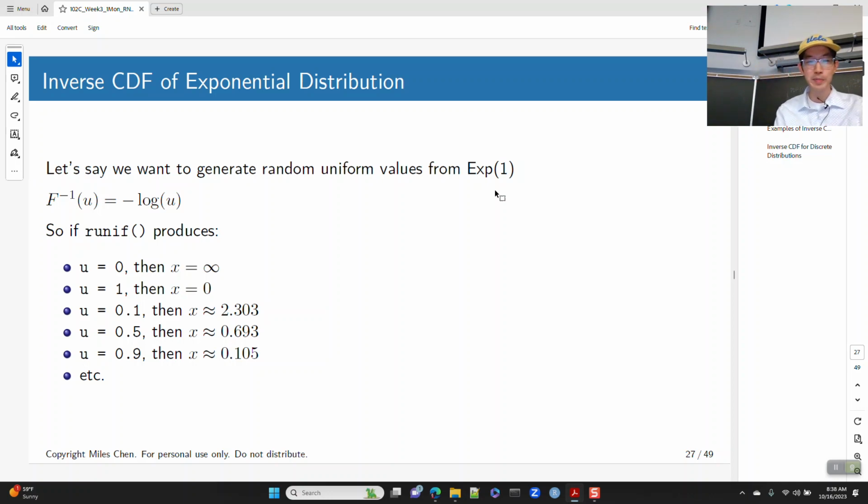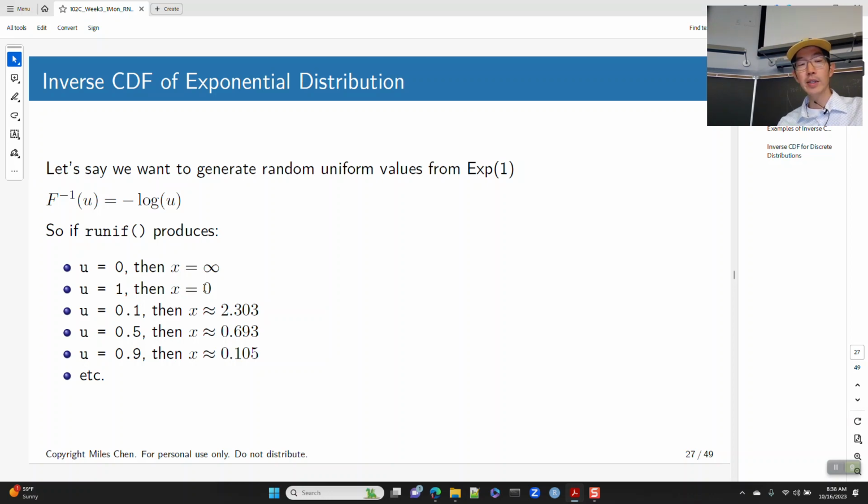But anyway, if we plug u into negative log of u, plugging in 0 will produce infinity, and plugging in 1 will produce 0.